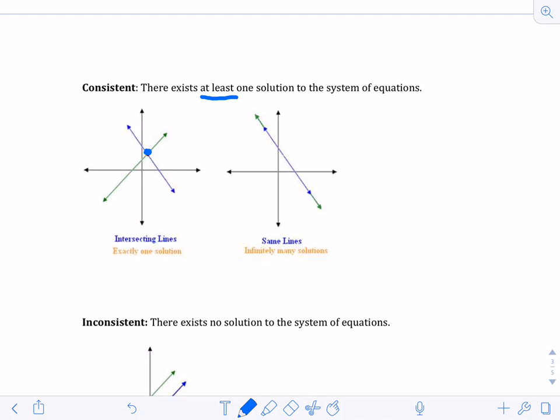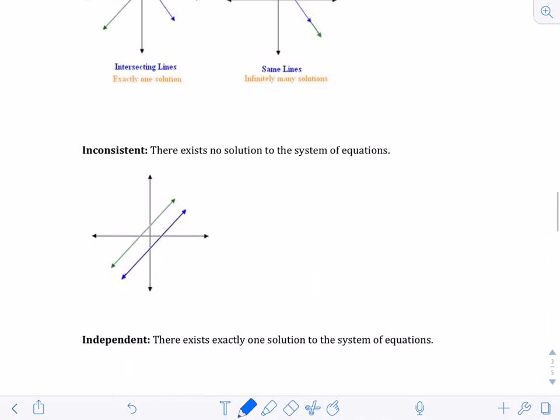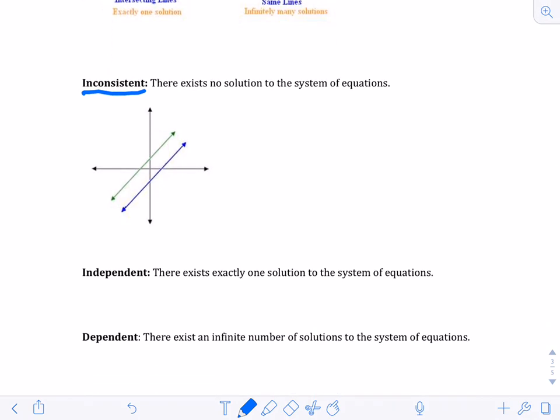Now, what if you don't have one? Well, that is what we call inconsistent. And this is going to come from parallel lines because they never intersect. Now, if we're looking at a consistent system, we can use one of two words to describe them. We can use independent or dependent.